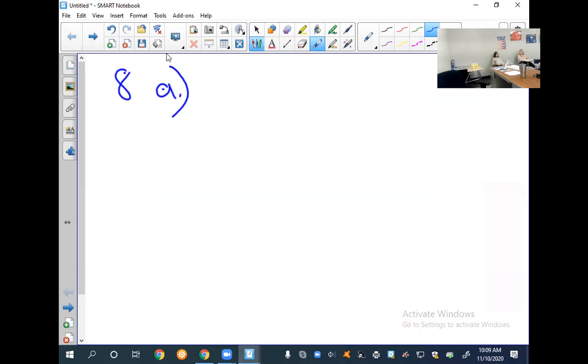It passes what? Based on what? The vertical line test. I draw a line straight through that every single time. It is a function because it passes the vertical line test. So one answer to number 8A is it is a function based on the vertical line test.